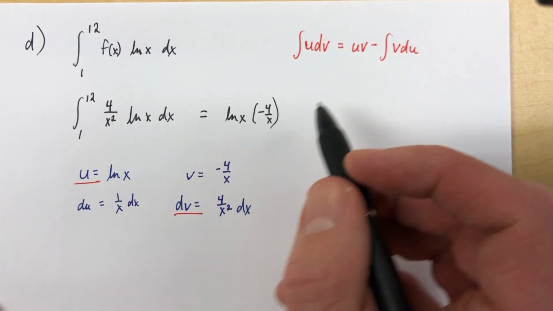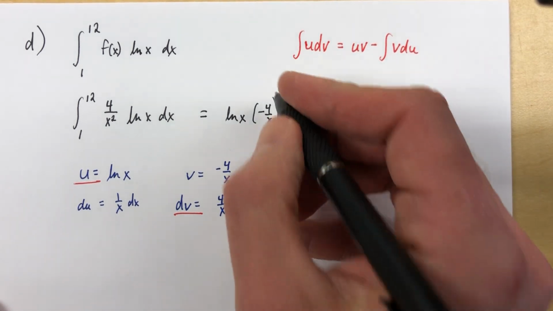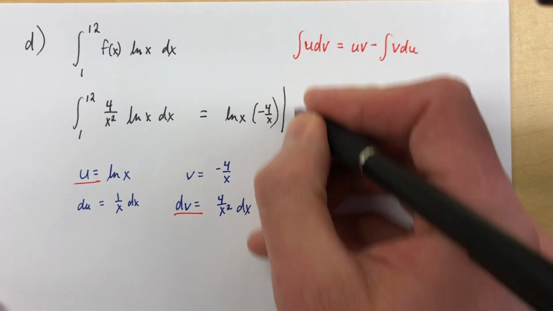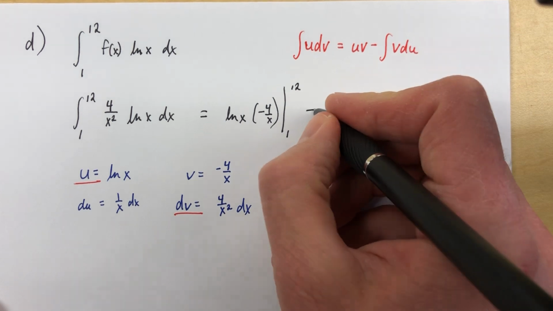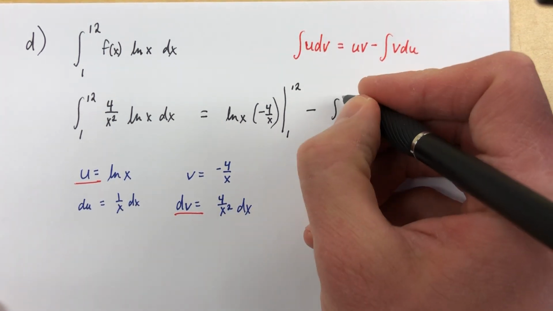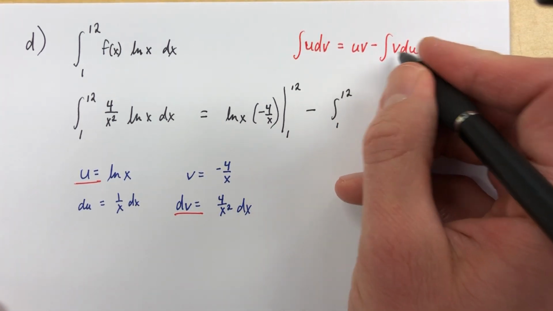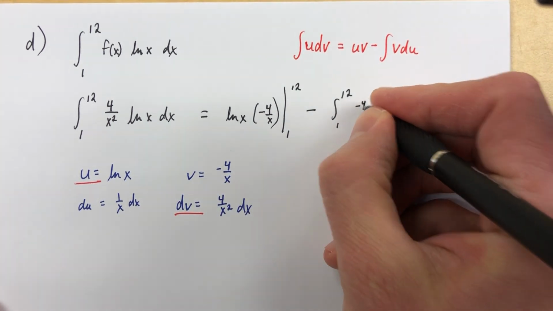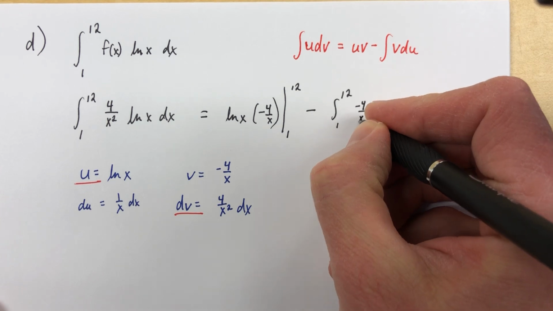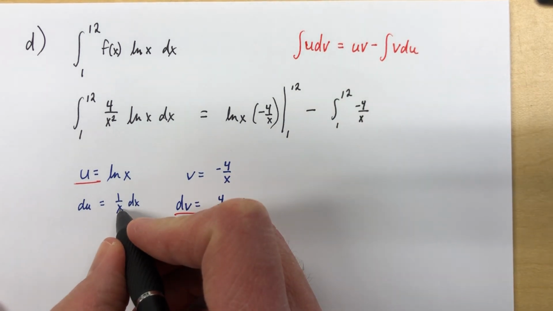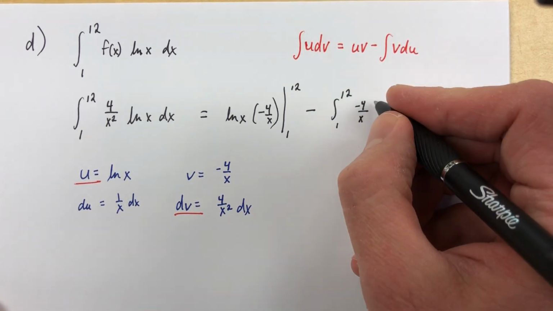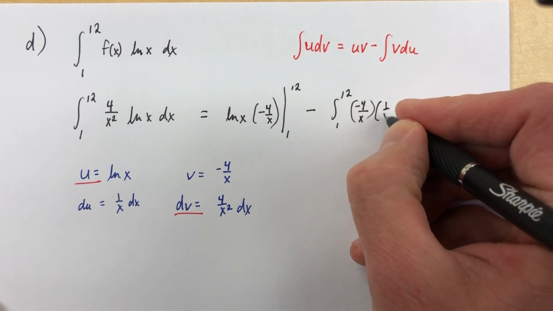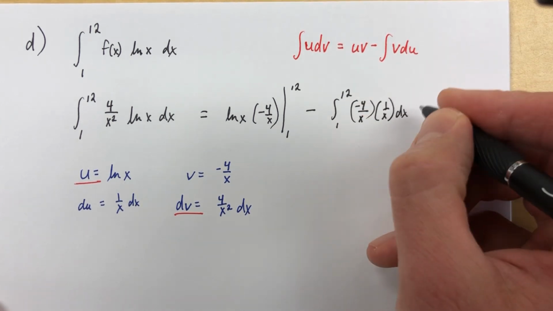We have already integrated it somewhat, at least this term is. So we're going to take this term from 1 to 12. And then we'll continue with this one, which is not yet integrated, from 1 to 12 of v du. So v du. So we're going to have negative 4 over x times 1 over x. I'm getting ahead of myself in my brain and that messed me up there.